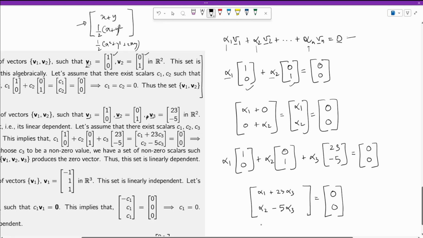Yes, if I choose alpha 3 to be 1, alpha 1 to be minus 23, and alpha 2 to be plus 5, then I'll get the 0 vector. That means there is at least one non-zero combination, alpha 1 equals minus 23, alpha 2 equals plus 5, alpha 3 equals 1, which will produce a 0 vector. That means this set is not linearly independent, it's dependent.